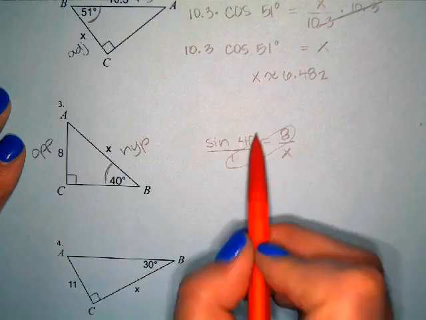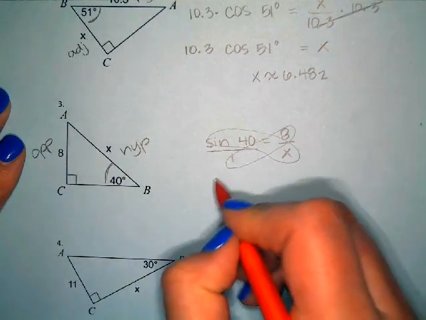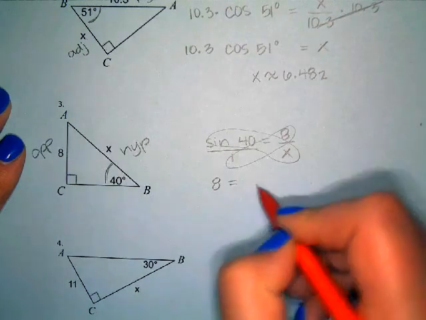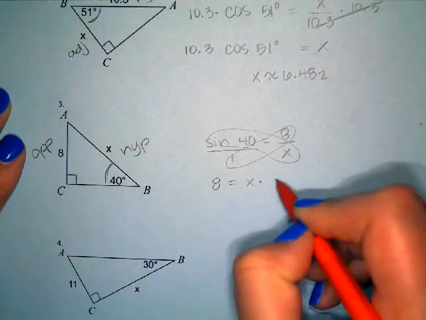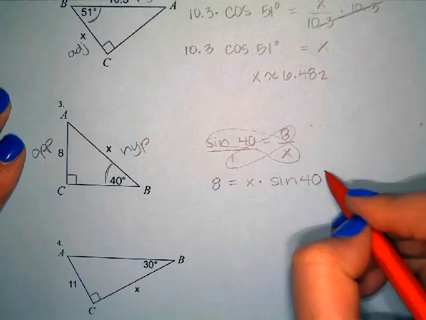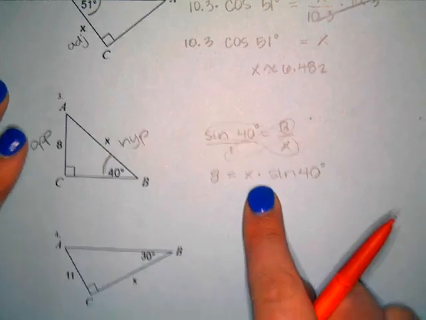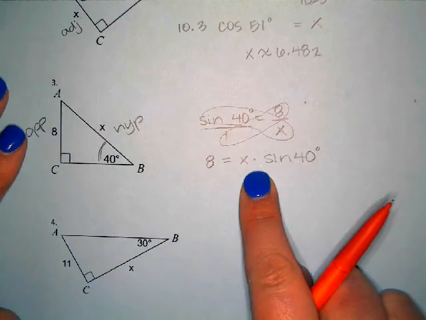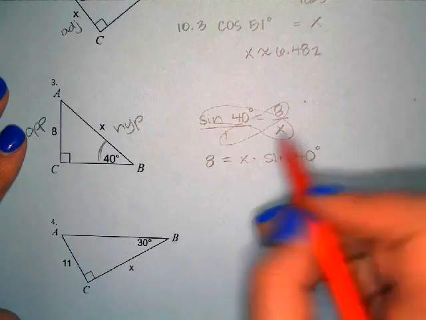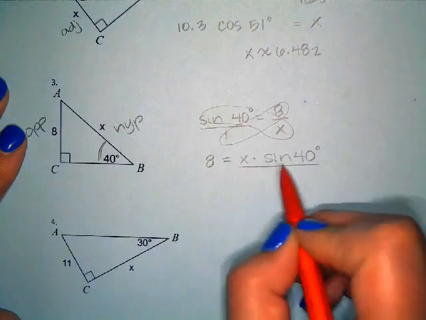So we've got 1 times 8, which is 8. 8 equals x times sine 40. And then what should I do to get the x all alone? Yeah, divide by sine 40. So since the x was being multiplied by sine 40, that's why I'm dividing.